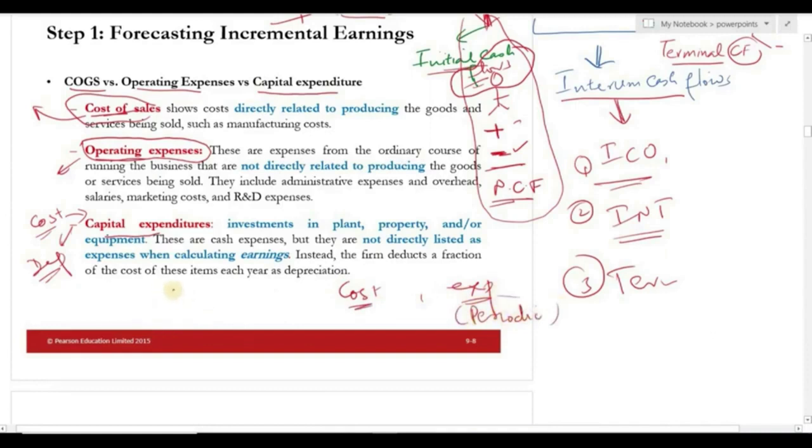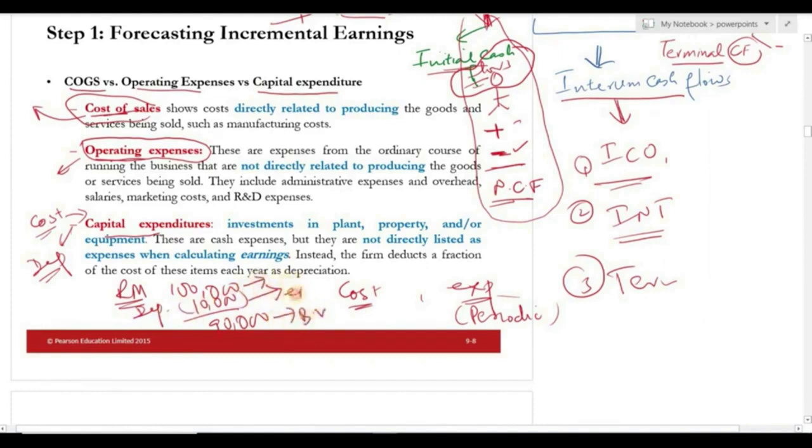For instance, you bought a car of 100,000 ringgit, right? After the first year the value of the car is how much? 90,000. How much is depreciation? 10,000, right? So this is the depreciation, this is the cost, and this is the book value.